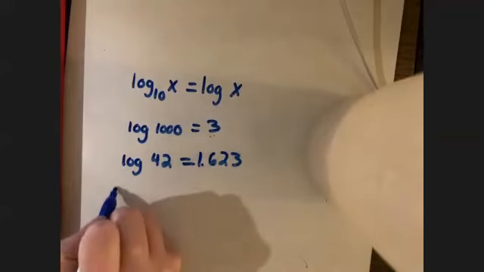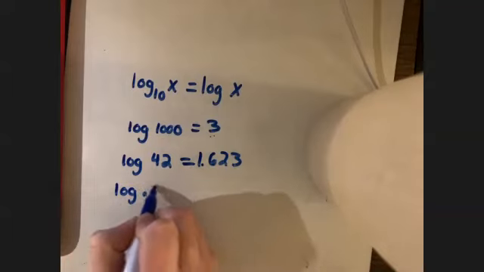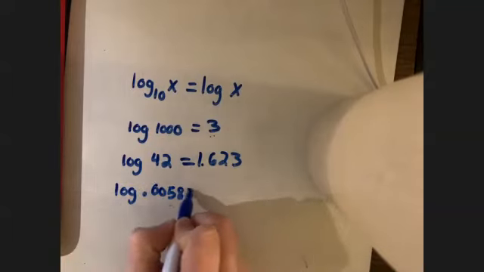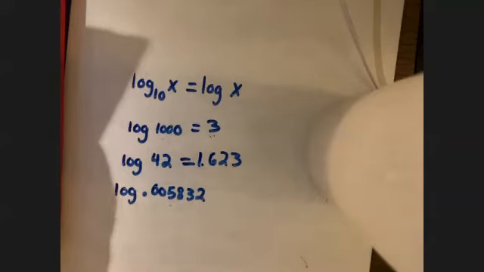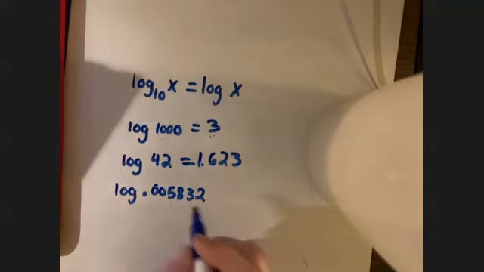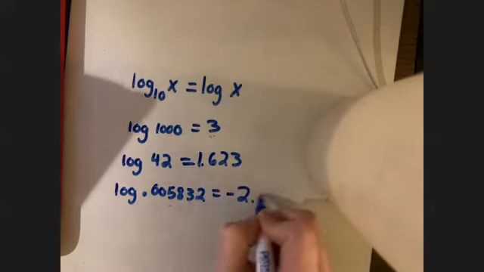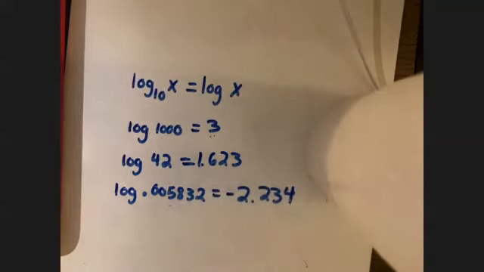And we can do log of even decimal numbers, 0.05832. And this one comes out to be negative 2.234.